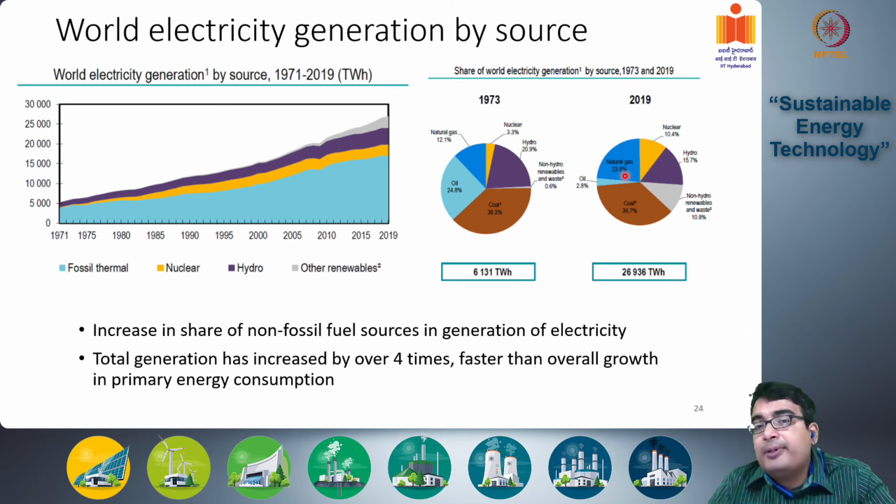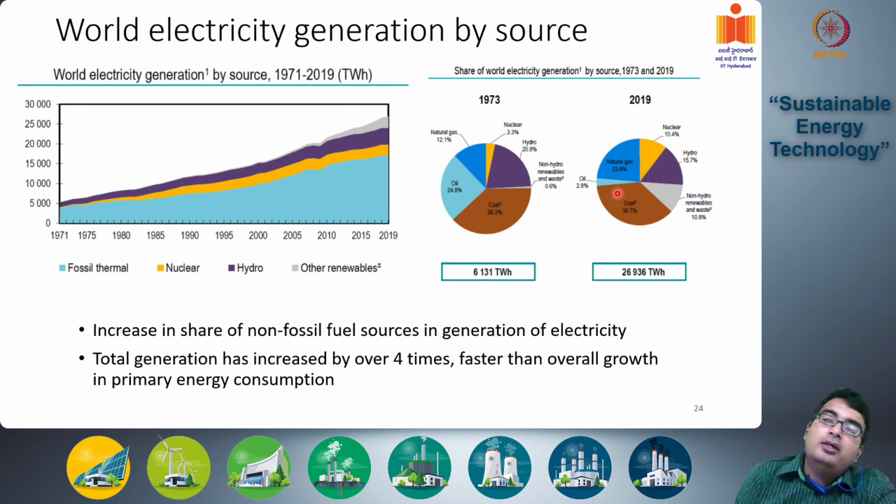Natural gas is 23%, so double the relative amount compared to 1973. And oil share has been destroyed completely, from 24% to 2.8%. So a 10 times decrease in the relative share of oil in electricity production. That has been a major shift in the electricity generation technology in the conventional energy sector.